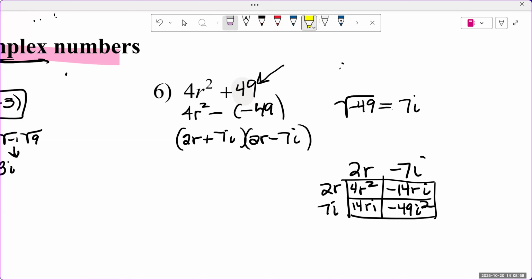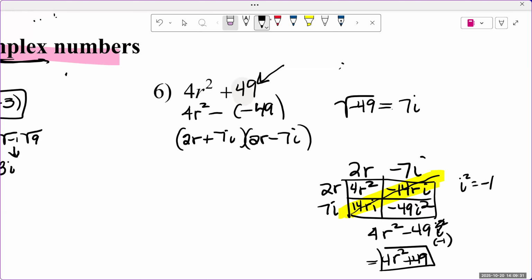Notice our diagonal, one plus and one minus, those cancel each other out. So you would have 4r squared minus 49i squared. You can leave i's. You must replace i squared with negative 1. So this is 49 times negative 1, which gives us 4r squared minus 49 times negative 1, plus 49, which gives us back to our original problem.